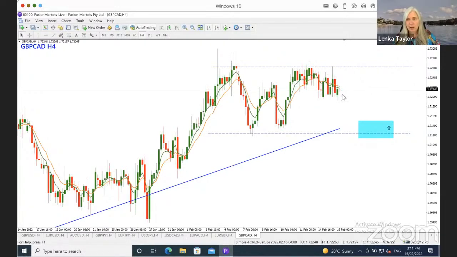So looking for a pullback all the way down to the bottom of the range, and then if there is a reversal, looking to enter long. Otherwise, nothing for now. It's too high. There is not enough room to clear any profit before the top. So looking at a really good pullback first, which might take a while, maybe next week even, and then looking for a reversal then for another long opportunity.